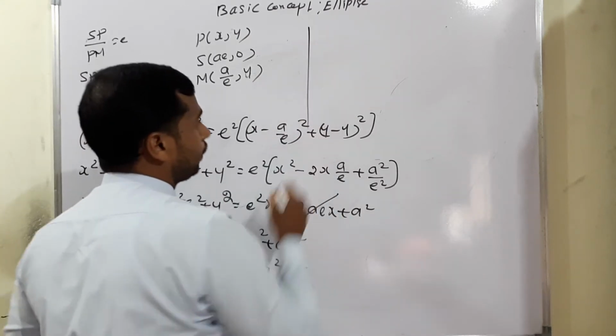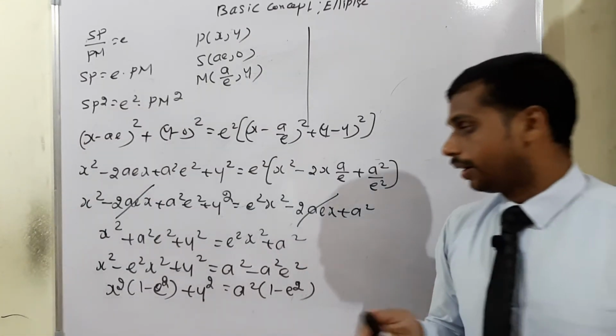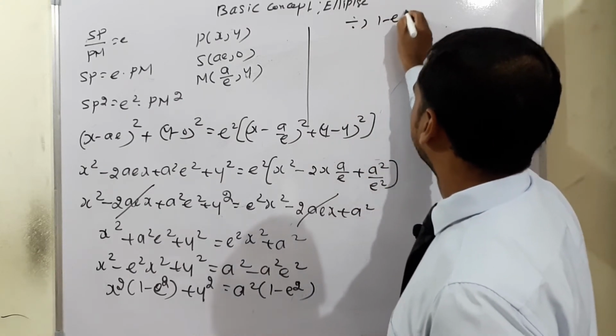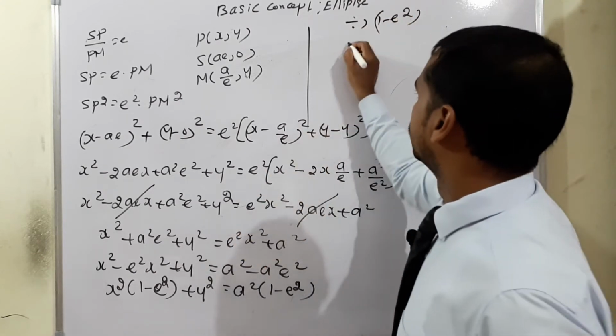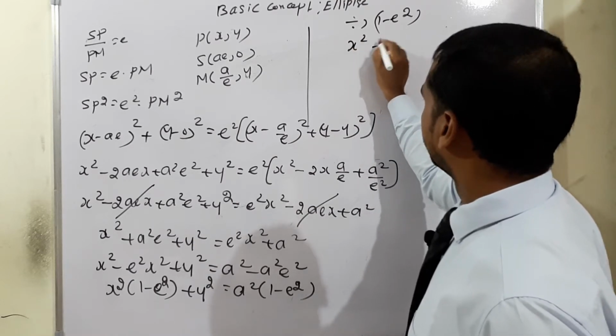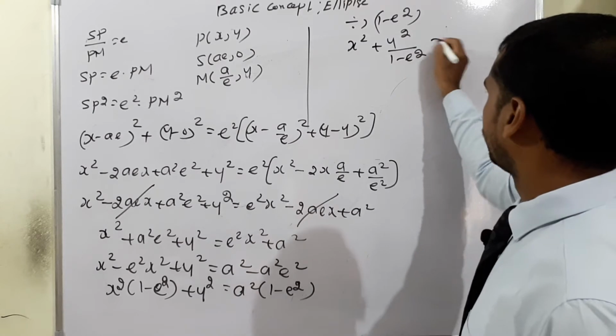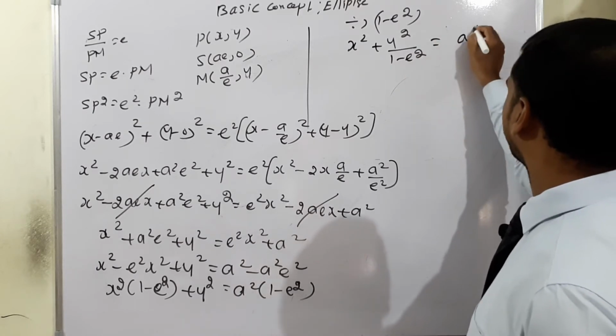Now each and every time divided by 1 minus e square, what will happen? x square plus y square divided by 1 minus e square is equal to, on the opposite side only a square will come.